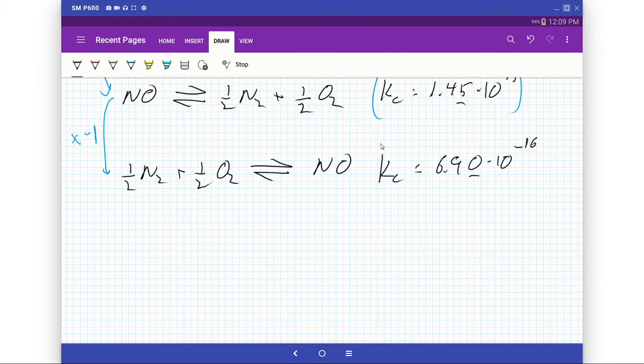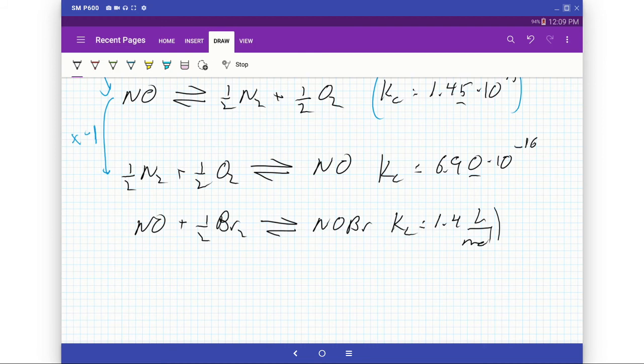Now we have those reactants, what we want, nitrogen and oxygen. The other thing we want is that last reaction, and it's actually unchanged. And so we have NO plus 1/2 Br2 in equilibrium with NOBr. And Kc for this reaction is unchanged at 1.4 liters per mole to the 0.5.